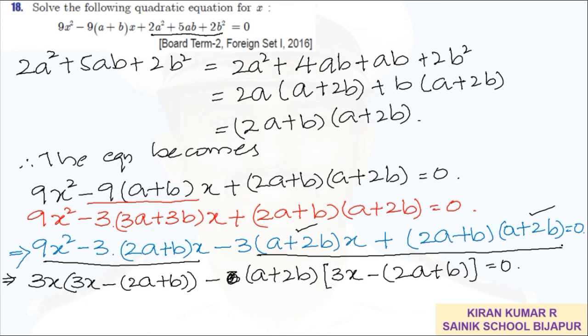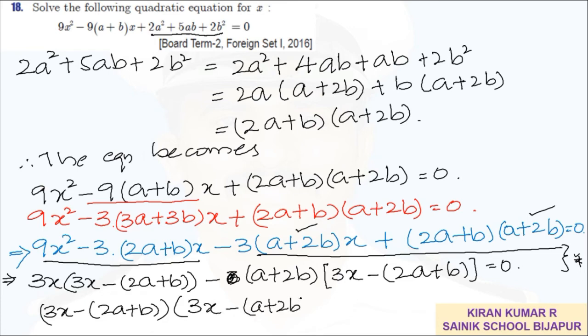These two steps are very important. In the next step, there is 3x minus of 2a plus b common into 3x will remain minus of a plus 2b will remain equal to 0.